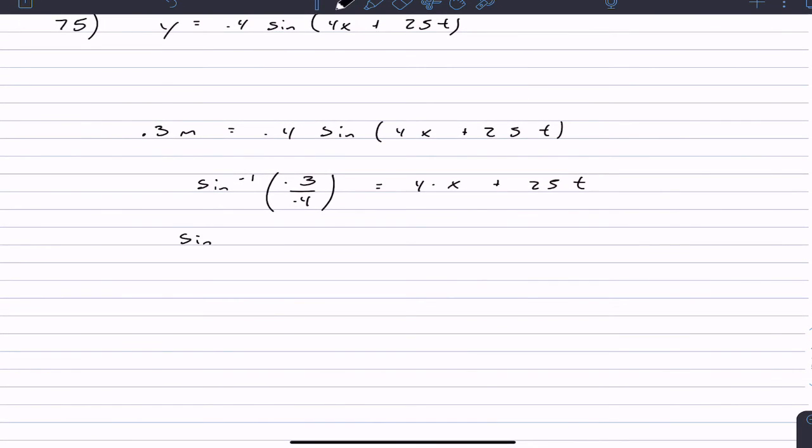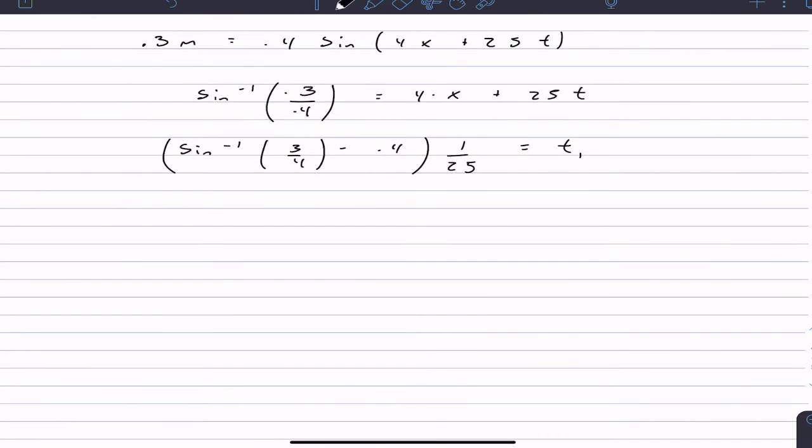So that means that we have arc sine 3/4 minus 4 times x. We're told that x is going to be 0.1, so this is going to be 0.4, minus 0.4, and then we take 1 over 25. That gives us t. We'll call this t1, because this is going to be the first time that it's at 0.3 meters.